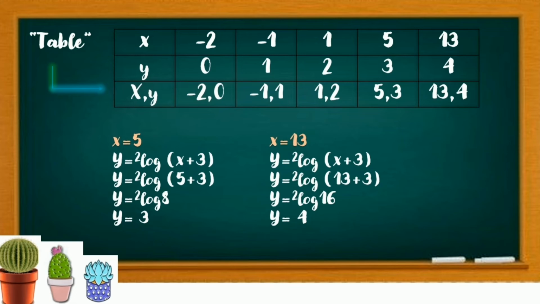So y equals 4. Then, you can see that x and y are minus 2, 0; minus 1, 1; 1, 2; 5, 3; and 13, 4.